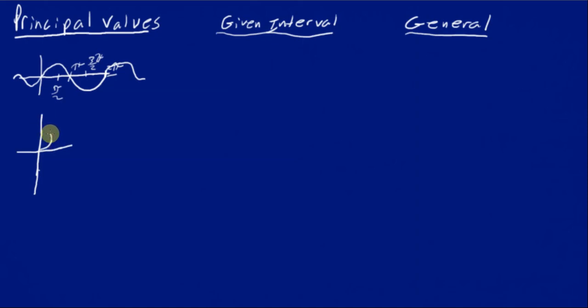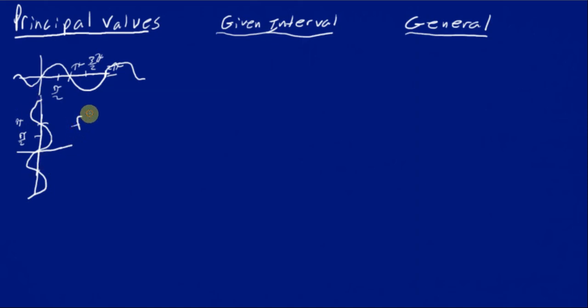So it would look like that, and that would be one full cycle. This being pi over 2, pi, 3 pi over 2, and 2 pi up here. But remember, this thing goes on in both directions. That is not a function because it doesn't pass the vertical line test.